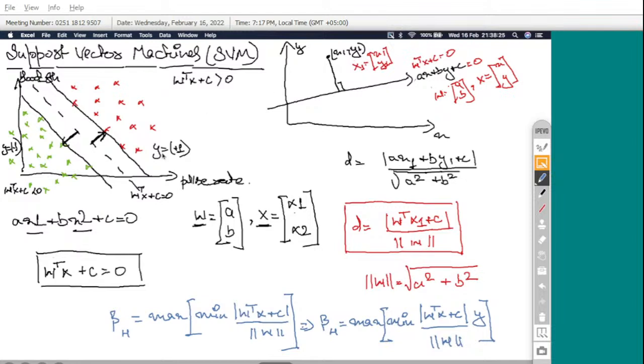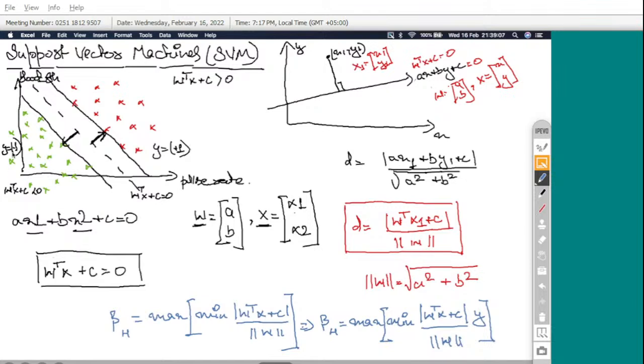Suppose W transpose X plus C is greater than 0, it's positive. Y is also positive. Positive into positive, positive.